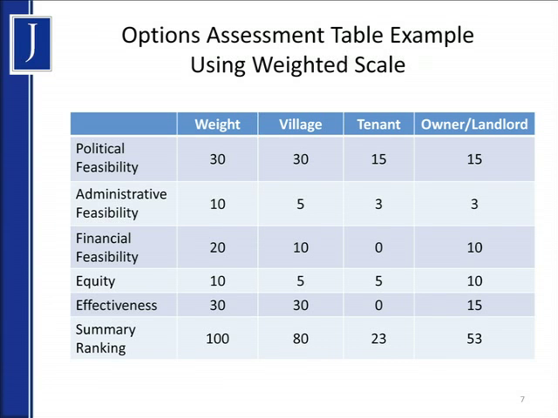So in the analysis, for example, the village gets 30 points as an option for political feasibility, and the owner-landlord gets 15 points. In the analysis, then, we still find that the village is the preferred option, but the weights are slightly different because some factors received more points than other factors, indicating the importance of that factor in the decision making.